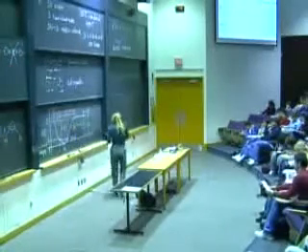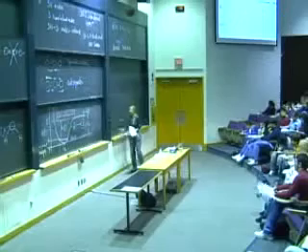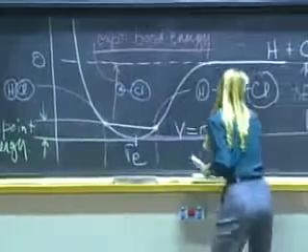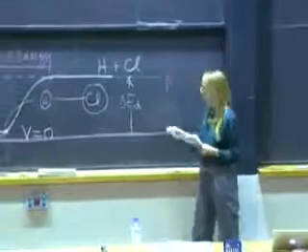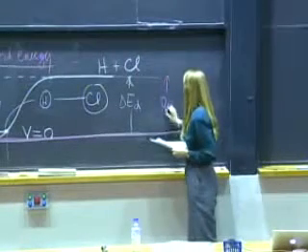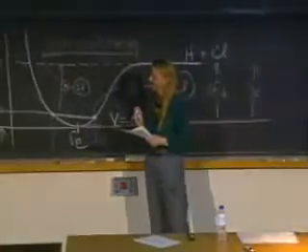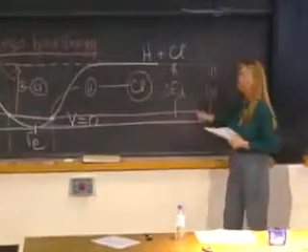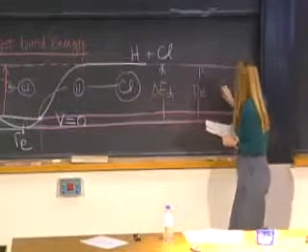Now, just for completeness, and this isn't something that you have to know, let me tell you what the nomenclature usually is for these well depths. From the bottom of the well to here, which is not experimentally measured, the nomenclature usually is D sub E, dissociation sub E. From the V equals 0 level to the dissociation limit, that energy is D sub 0.